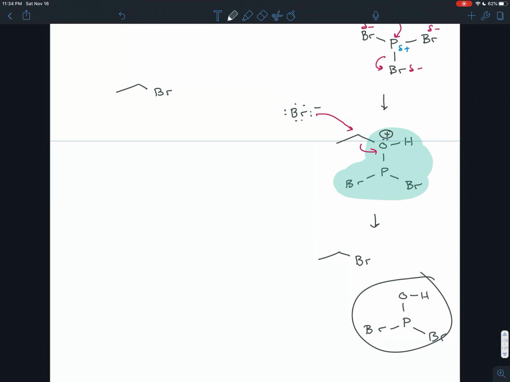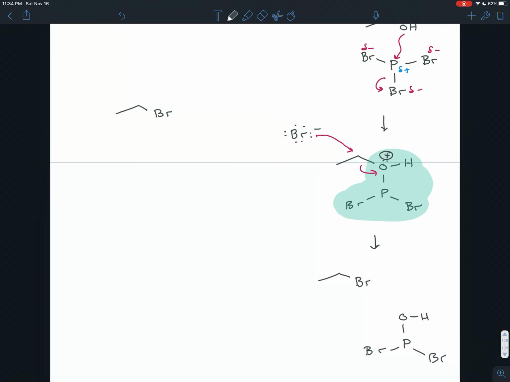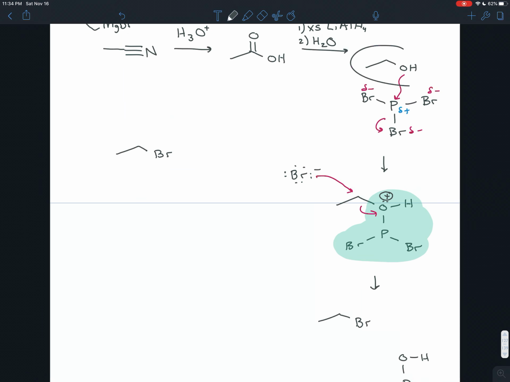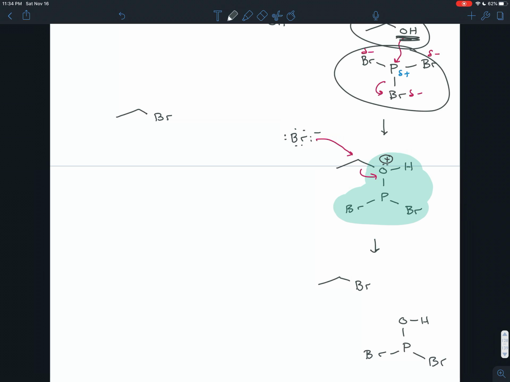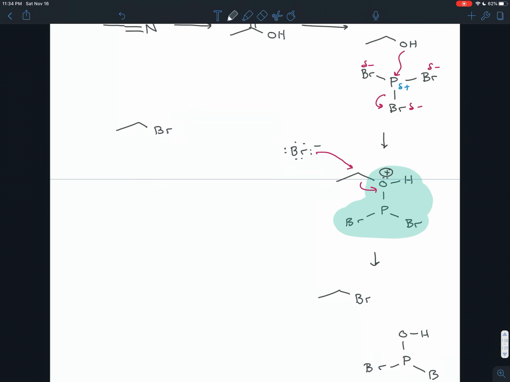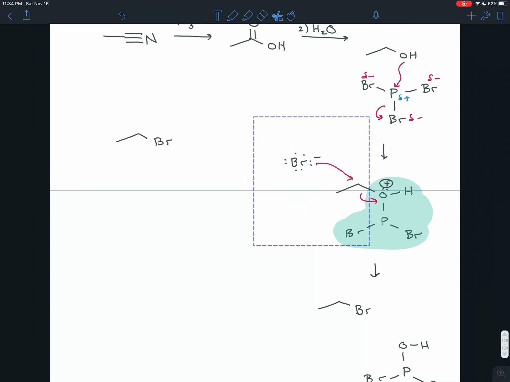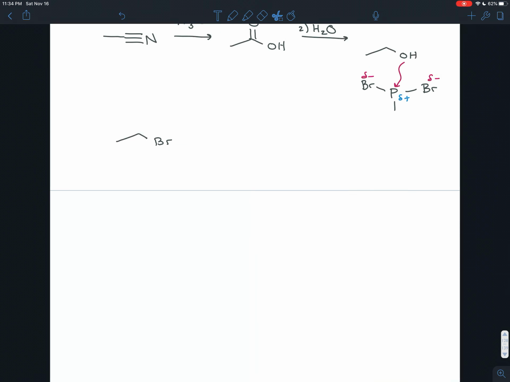But that's floating around the solution as a waste product. This is the product we would isolate and use. So long story short, if you treat an alcohol with phosphorus tribromide, it replaces the OH with a Br. Okay, so let me clear all of this.